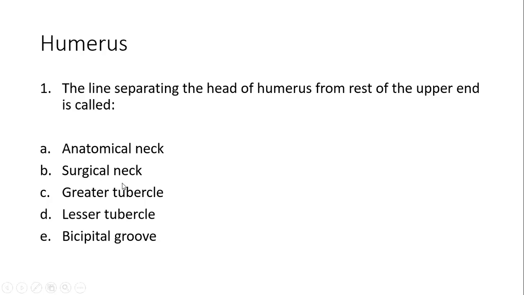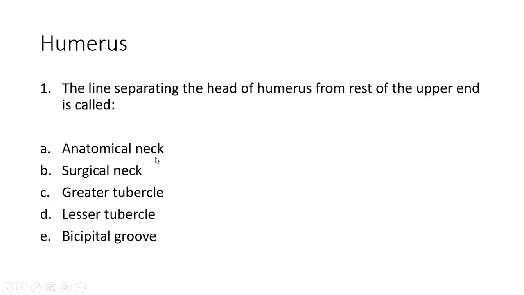Surgical neck is the one that separates the entire upper end, which includes the head and two tuberosities and a groove from the shaft of the humerus. So we are left with one option, which is the anatomical neck.